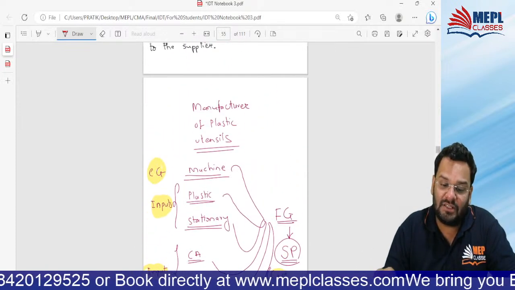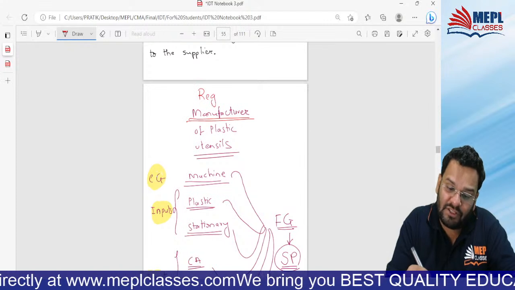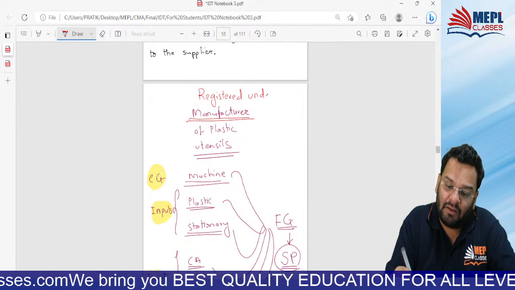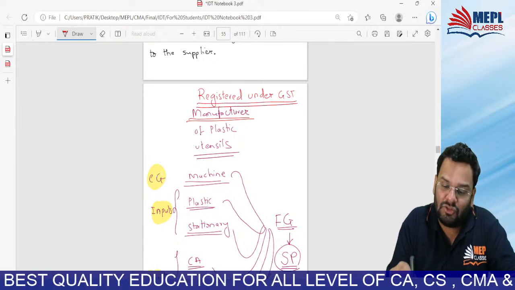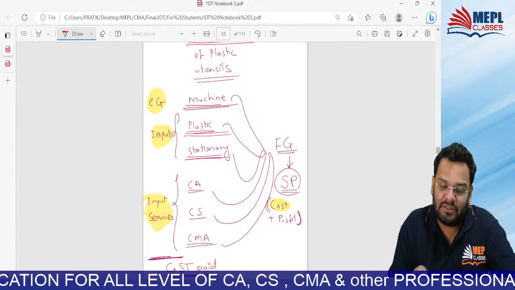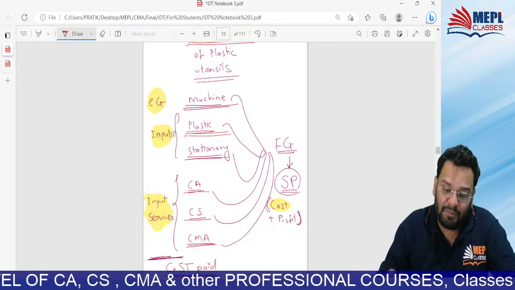This GST is paid by this manufacturer who is registered under GST. And by the way, his whole availment of this machine, plastic, stationery, these services, is not for personal purpose.